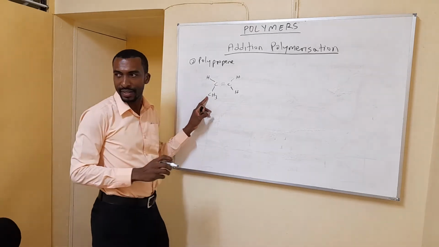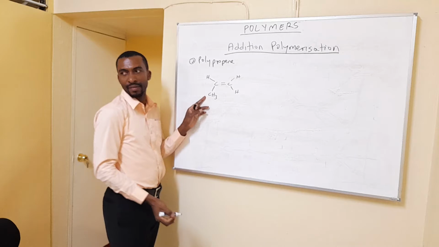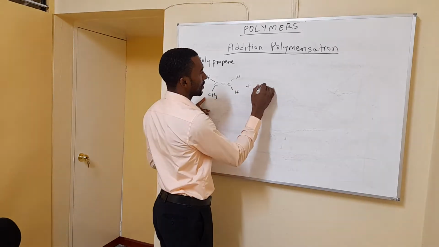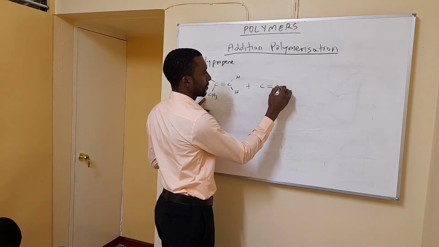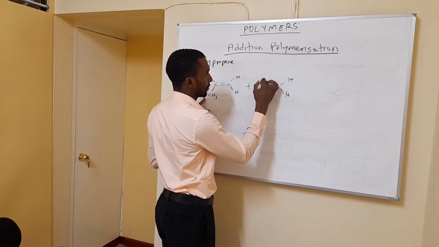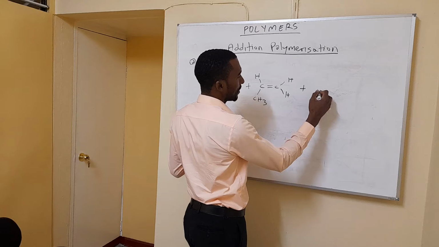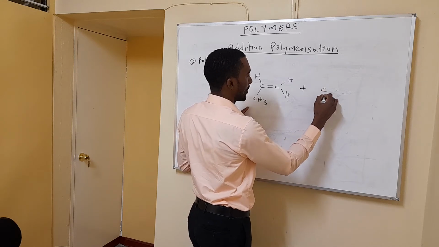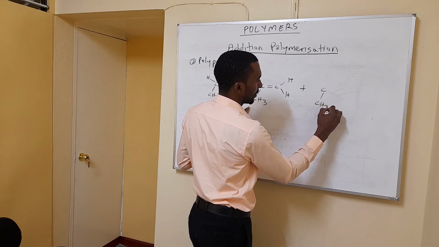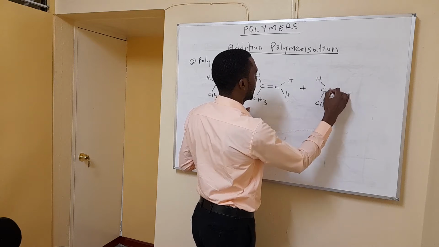It's propene, so 1, 2, 3 carbon atoms, right? So it's plus C, plus... I remember in the exam they always wanted to show at least about 3 units for the most part. So let's just practice the exam style from now.